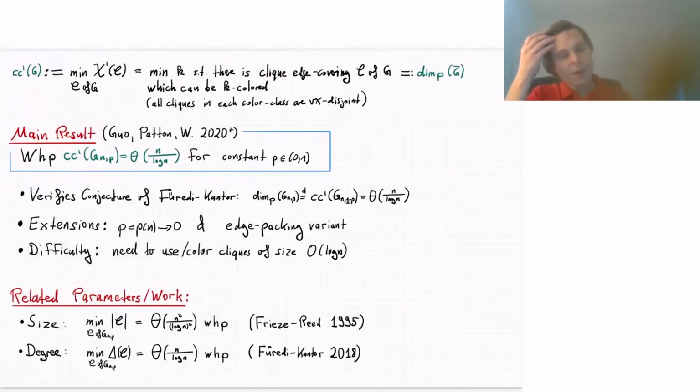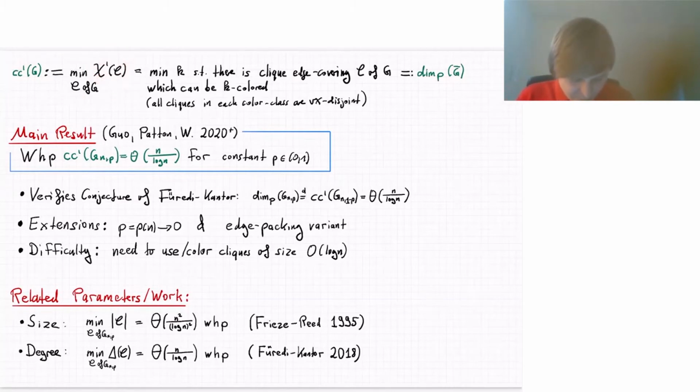Let me mention that some related parameters have been studied before. For this, it's again useful to think of this clique covering index in this form, that you minimize over all possible clique coverings the chromatic index. Once you take that perspective, you can imagine that you can put all kinds of other parameters of interest in there.